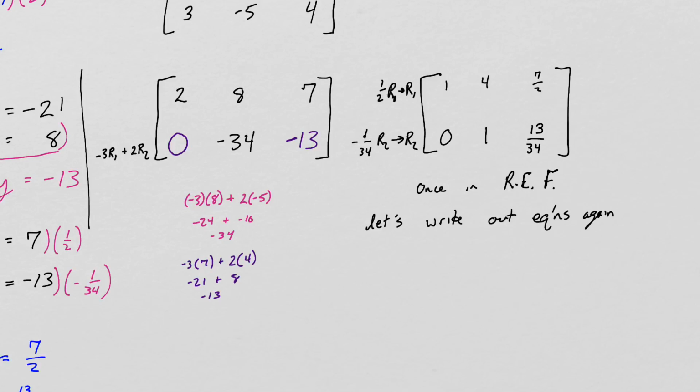And so we're going to get this first equation, which is going to be x plus 4y is equal to 7/2. And the second one, which is just y is equal to 13/34. Those were the exact equations we had when we did it with all the variables. And the nice thing is, I trust all of your ability to take this answer, plug it in for y, and evaluate. Plus, we just did it.